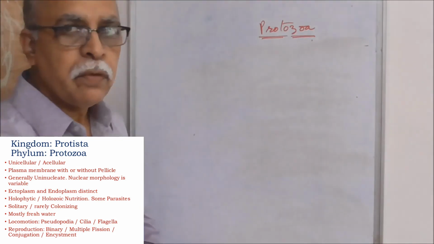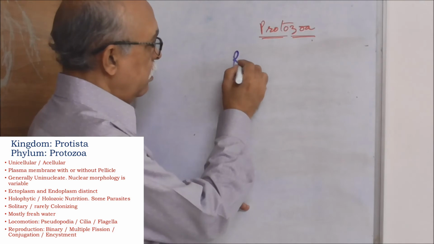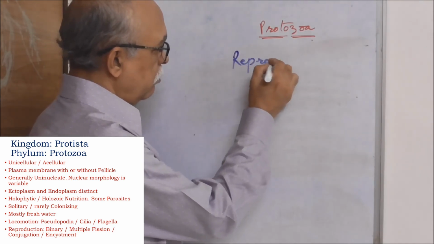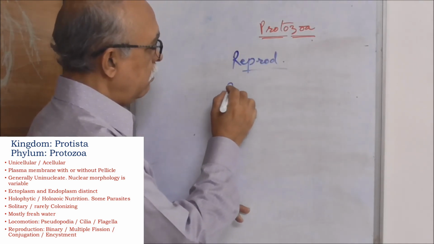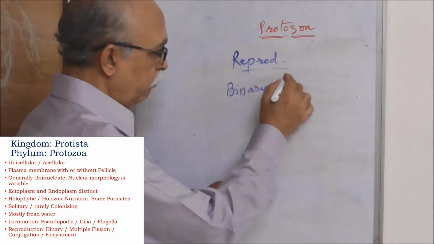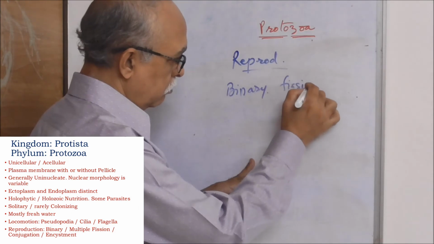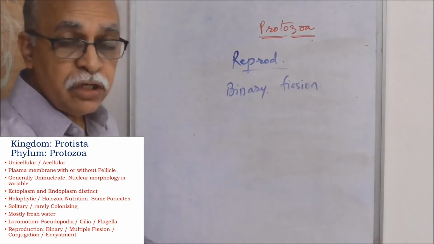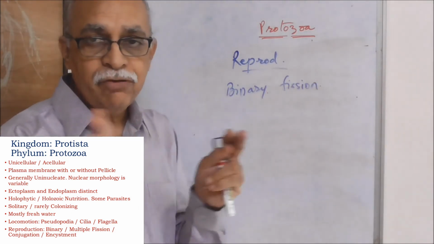Reproduction. Reproduction can be by binary fission. Fission means cleaving, division.